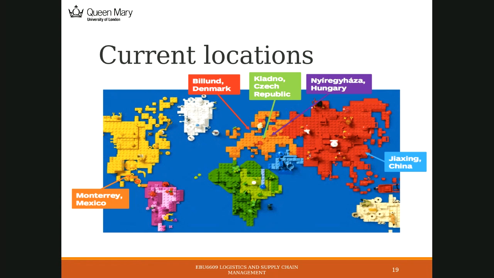Okay, very last question for this one. This is reality, the current locations. So what's in your mind? Finally, you made the decision to outsource. You say this originated from Denmark, then you outsource to China, and another direction, you outsource to Mexico.